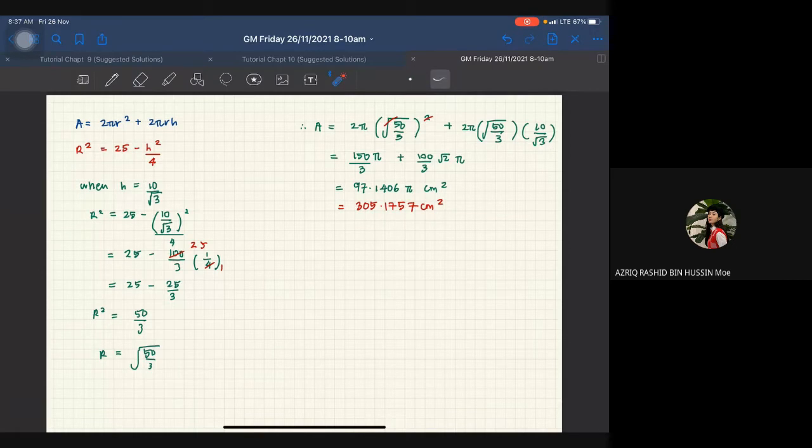So 100 over 3 times with 100 over 3, plus. 80.4738.